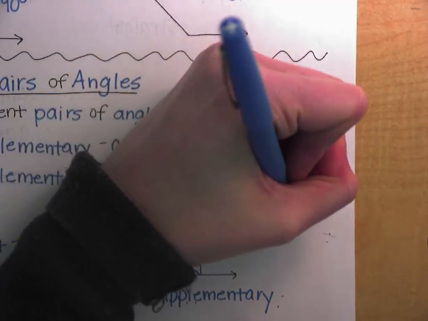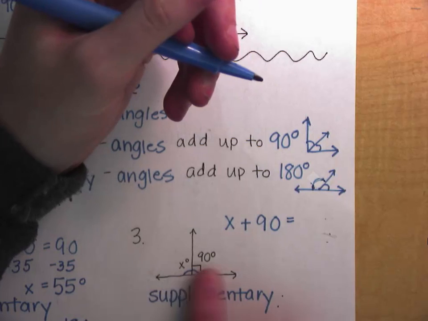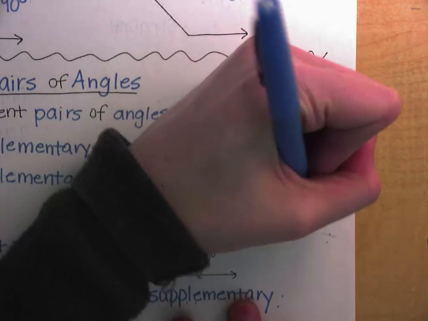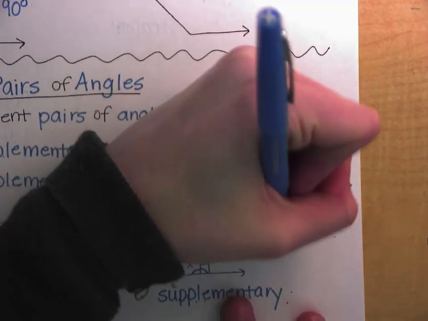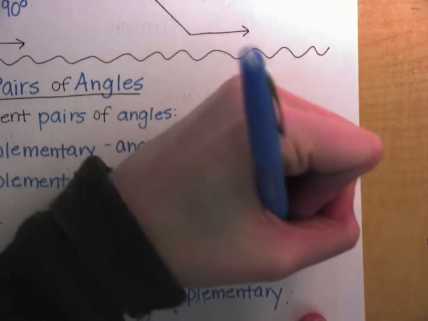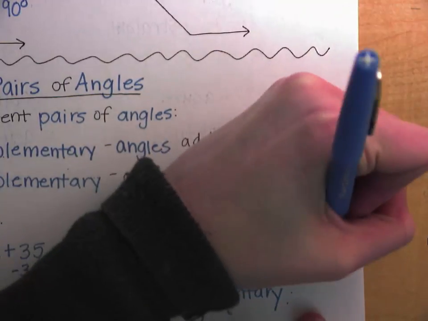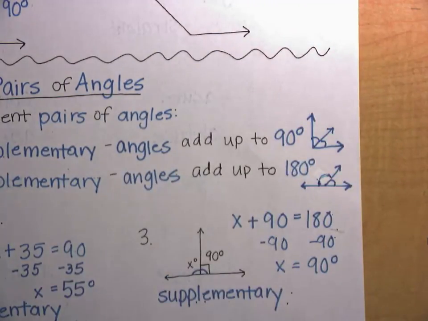So I would take my missing angle plus 90. It's going to have to equal 180. Subtract 90 from both sides. 90 from 90. So our missing angle is 90 degrees. So the supplement to 90 degrees is what? 90 degrees. Good. So 90 degrees and 90 degrees are supplementary angles.